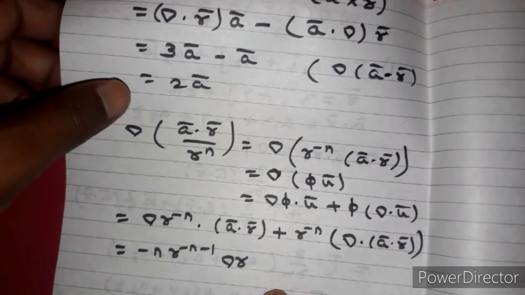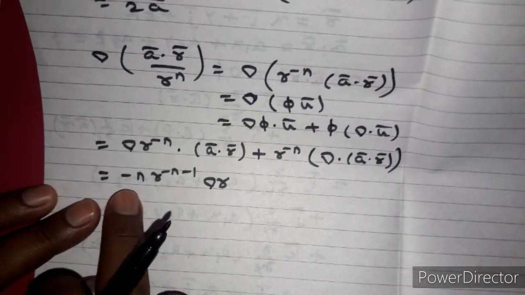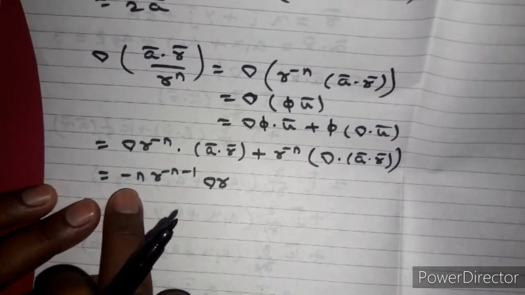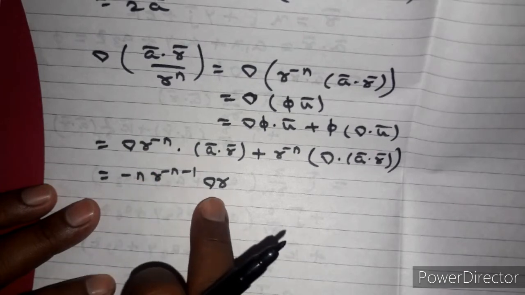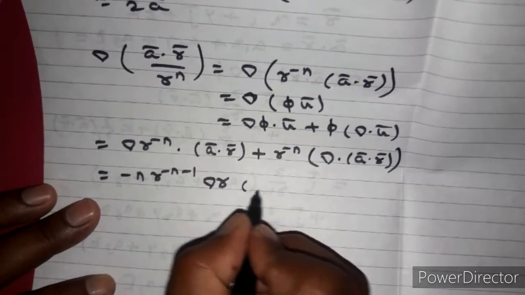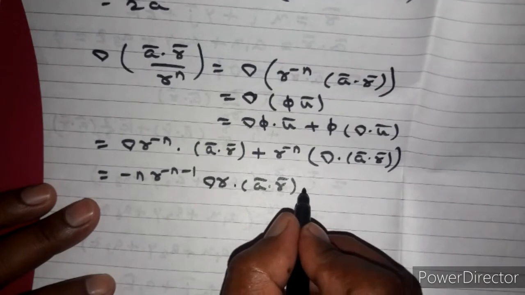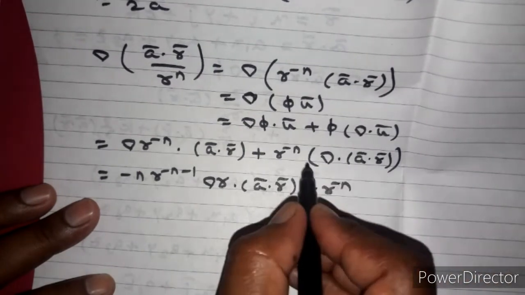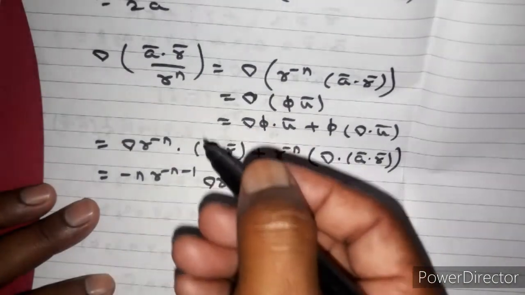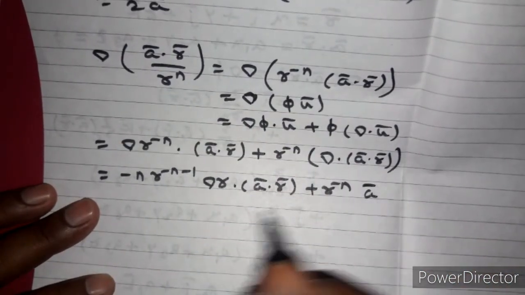I hope you remember the formula for del of f of r. In proving it, we found f dash of r into r bar upon r, that is del r. So del r means r bar upon r, with a bar dot r bar as it is, plus r raised to minus n times the result we proved in our first identity, which is a bar.